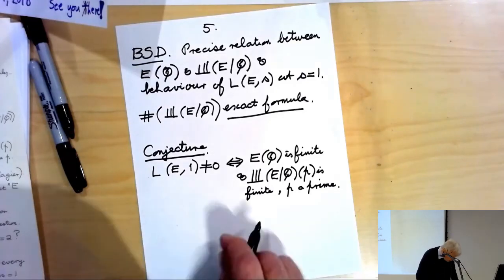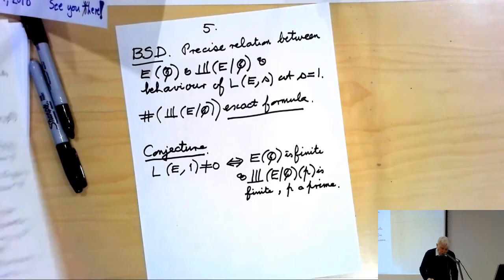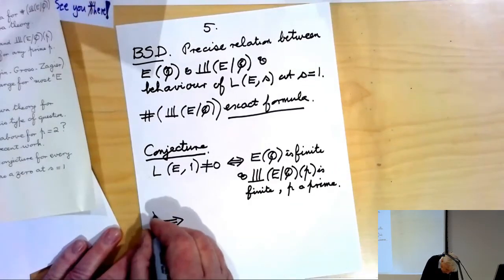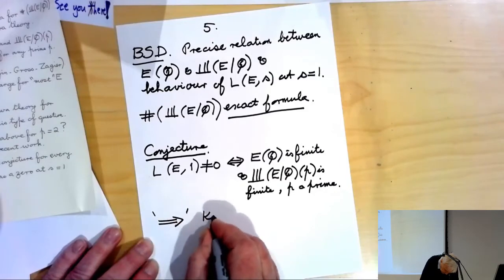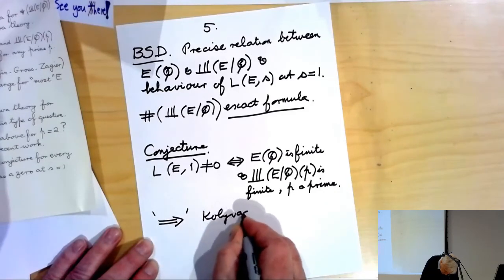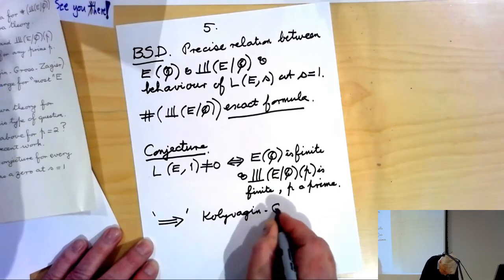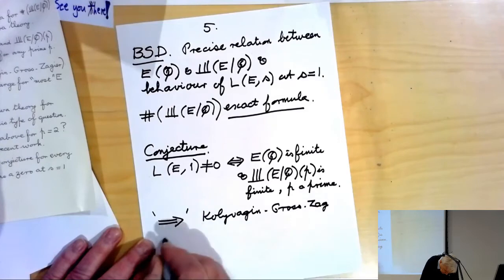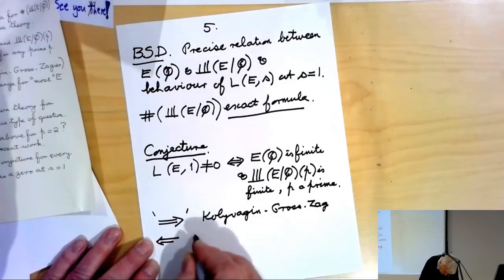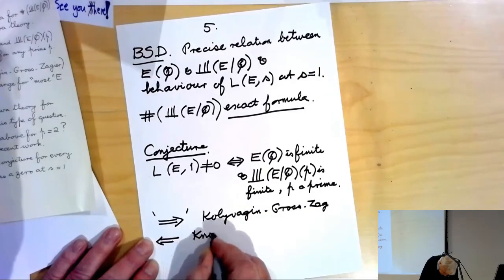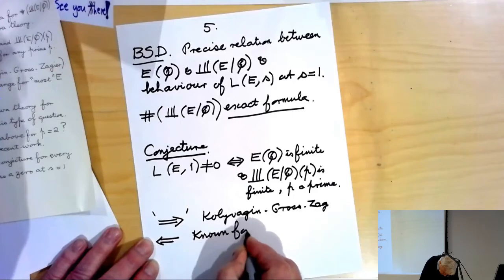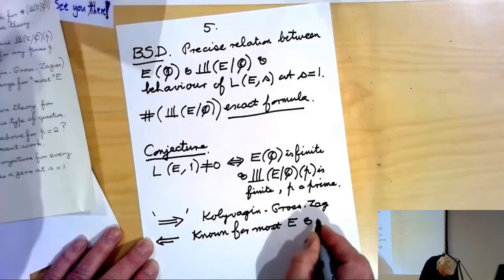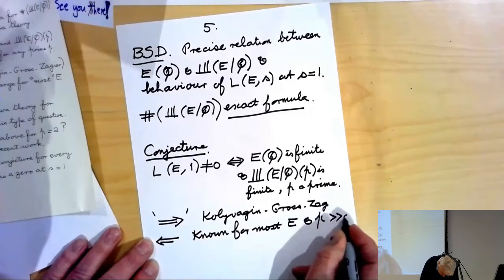And in fact, what is known? The implication in this direction is known. This is Coates-Wiles, Gross-Zagier, Kolyvagin. The implication in the other direction is known for most E and p sufficiently large.